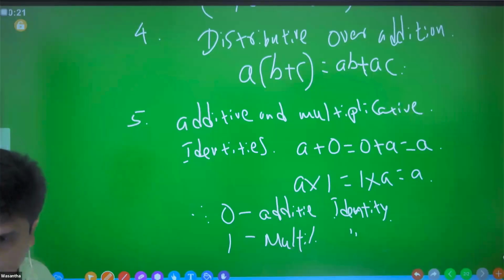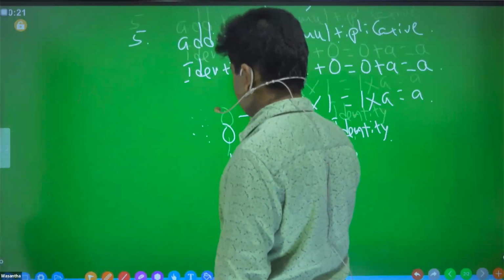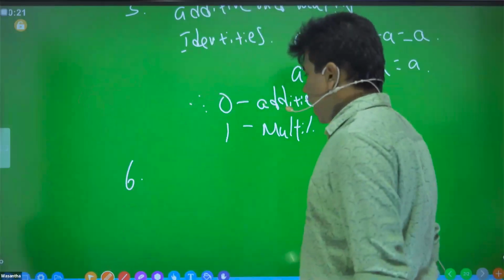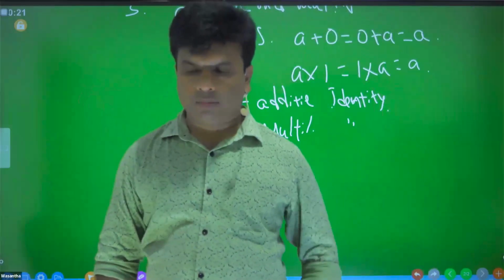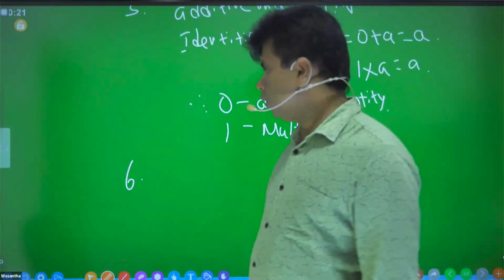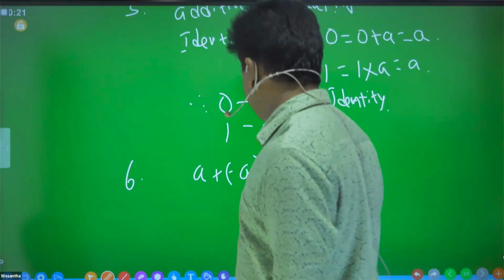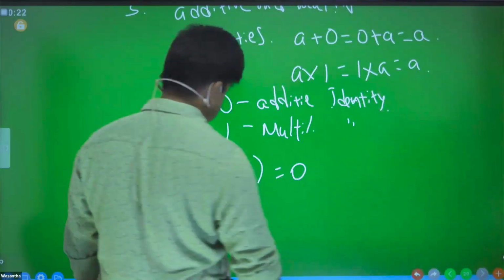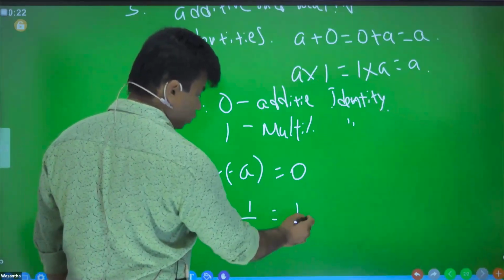Clear? The last one. Additive and multiplicative inverse exist on real numbers. Additive and multiplicative inverse, right?